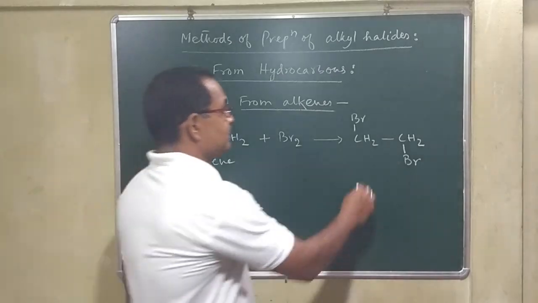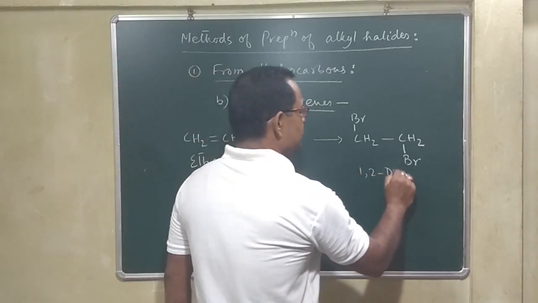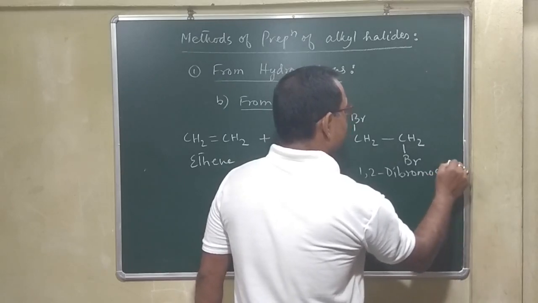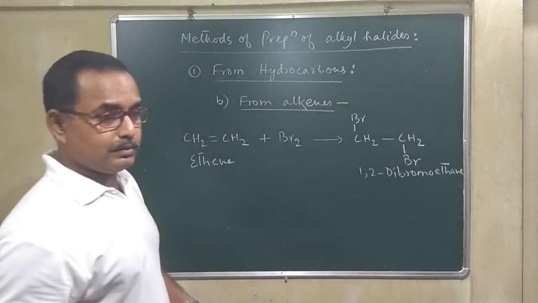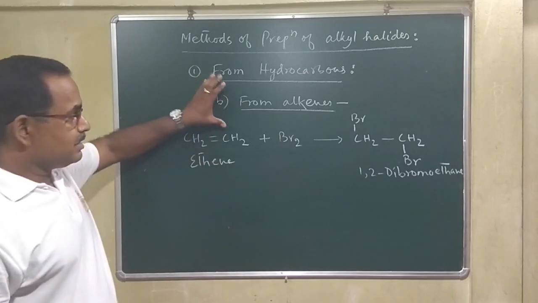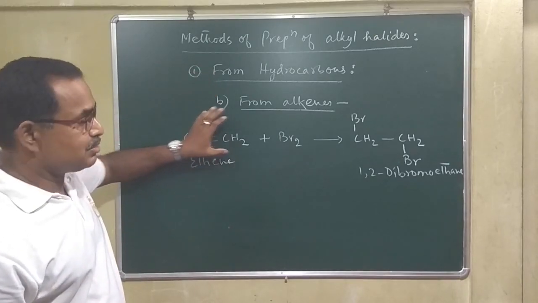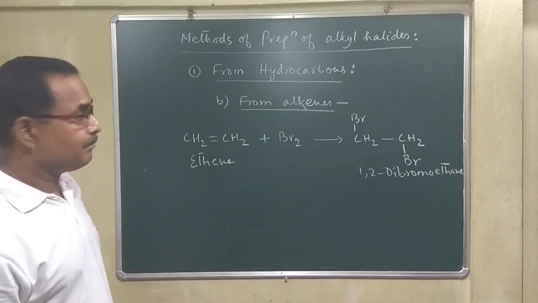What is this? This is 1,2-dibromoethane. So using this reaction, we can produce monohaloalkane as well as dihaloalkane.